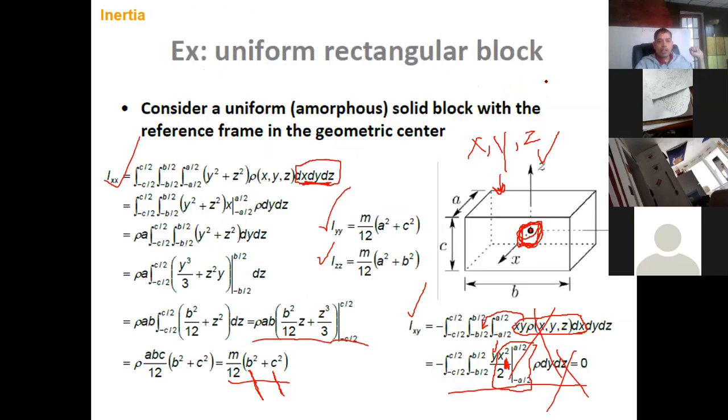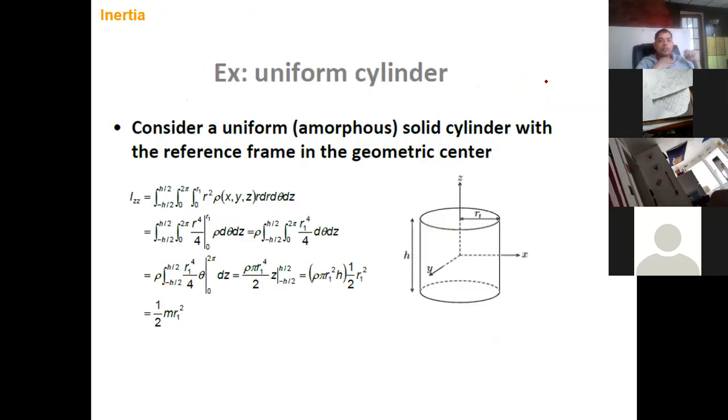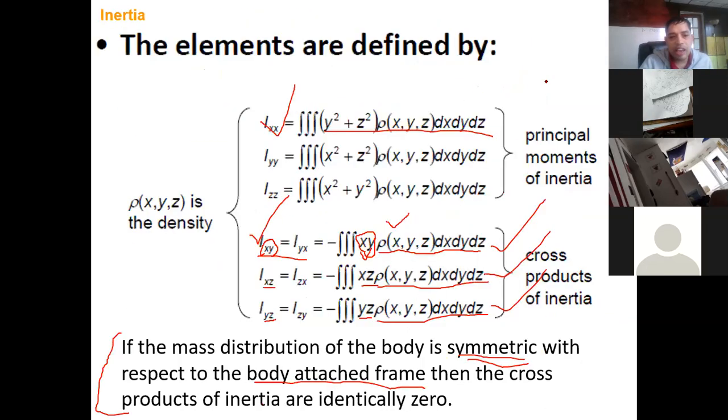Last time we did IXX. Let me start here with the IGZ. What is your IGZ in this case? The formula is the same, right? IGZ is the integral of (x square plus y square) rho dx dy dz.